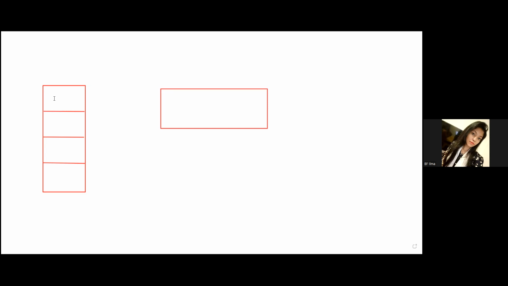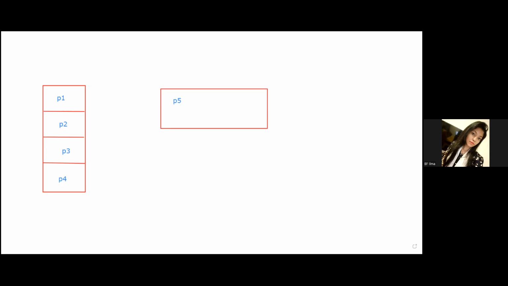Suppose we have pages P1 and P2. These are not processes, these are pages. Suppose there's also a page P5, which we initially store on the hard disk.